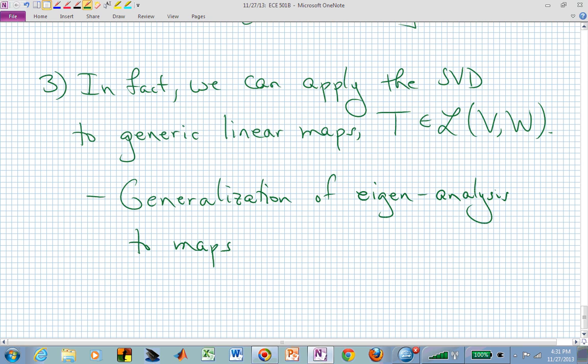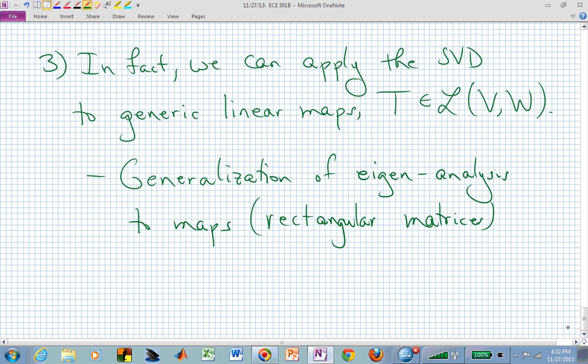In a matrix sense, they're not square, and we can't talk about eigenvalues and eigenvectors with non-square matrices. So this is a generalization of eigenanalysis to maps, or in terms of their representation, rectangular, non-square matrices.